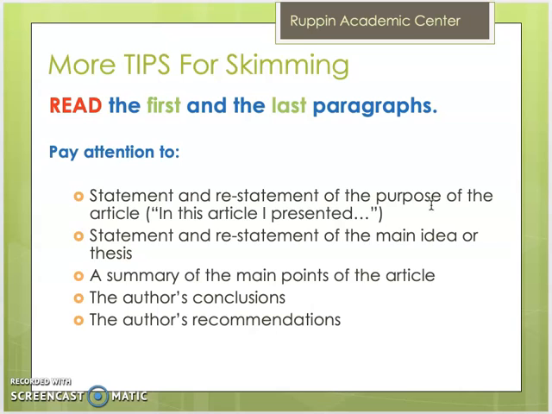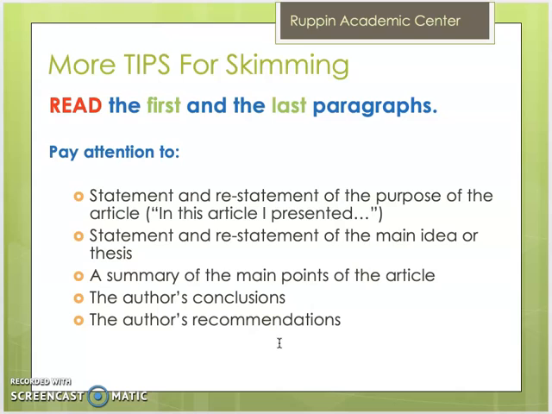Find the purpose. See if the author talks about the main idea of the text in the first paragraph or the last paragraph. They might have a thesis that they give. They might put a summary in the first paragraph or the last paragraph, or both. Sometimes authors will put their conclusion in the first or last paragraph. Usually the recommendations are given in the last paragraph.